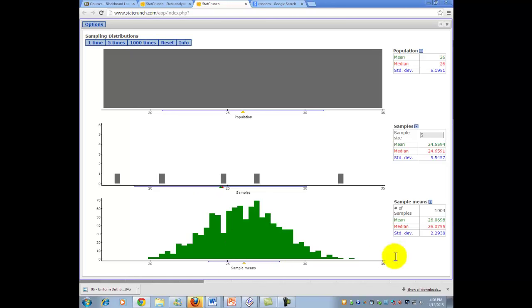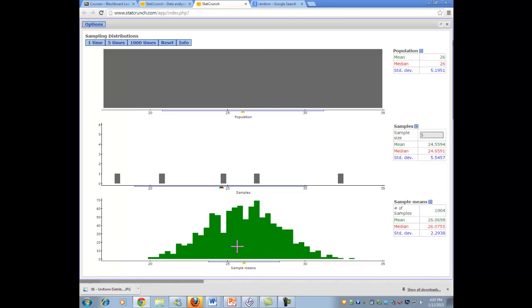Now let's look down here. This tells us that the mean of this distribution is roughly a little over 26 years of age, which is very similar to the mean of the population. You can see that center part here lines right up. They're both pretty symmetric looking, not perfectly symmetric, but I would say bell shaped and somewhat symmetric.